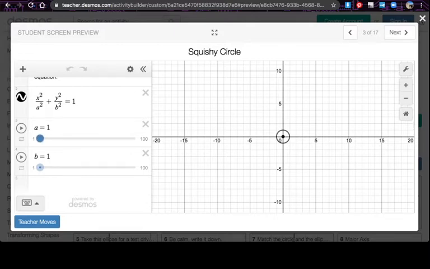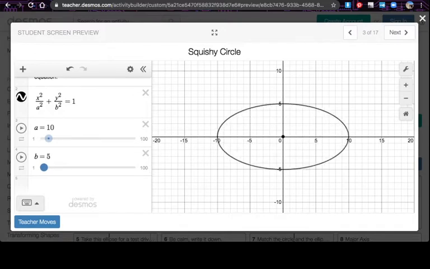Well, if I change these values, I could make the circle bigger. So I could change a to 2, or let's make it even bigger, a to 10. So what did I do? Well, I stretched it out so that on the x-axis I go between negative 10 and positive 10, but on the y-axis I go between negative 1 and positive 1.